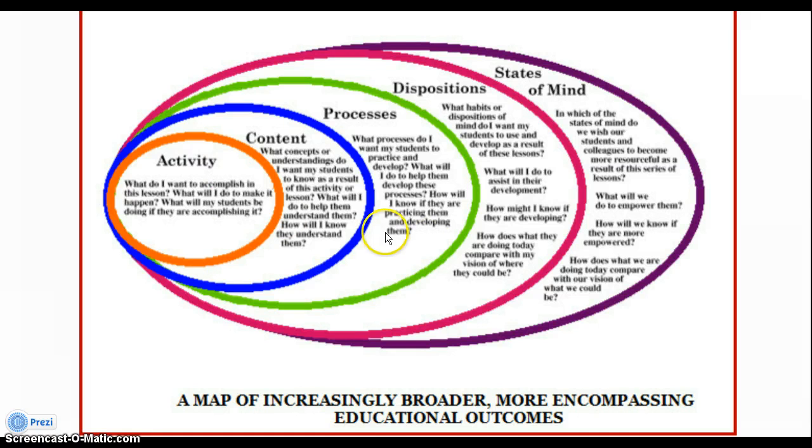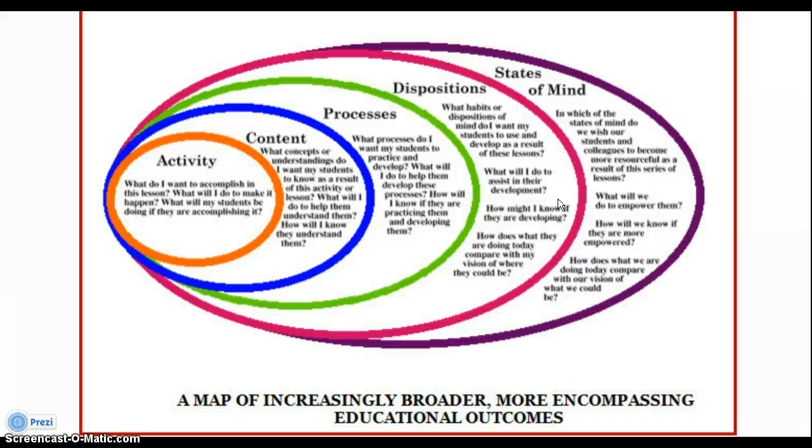Disposition. So we're moving from the concrete to a broader sense of concrete and looking at content. We're looking at application in the processes. Then in dispositions, we're moving into how we feel about things and how we act on things.